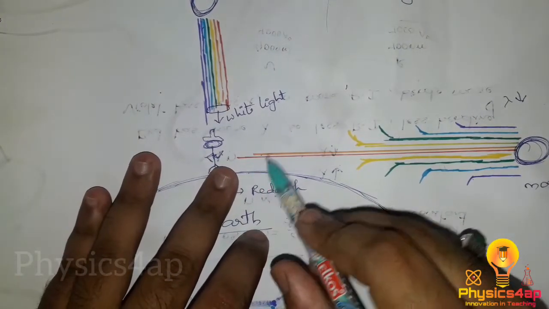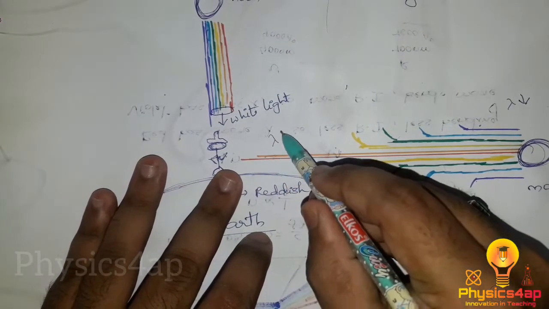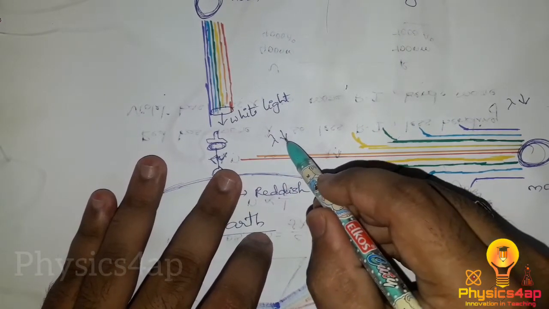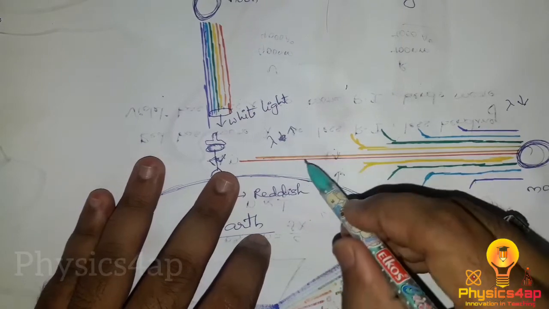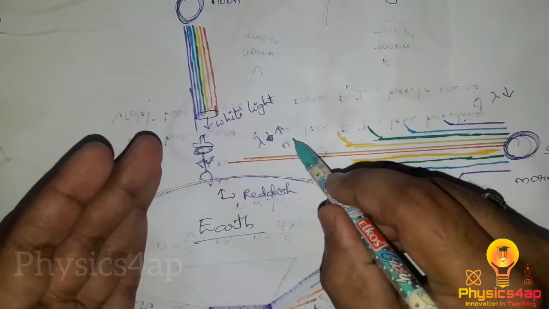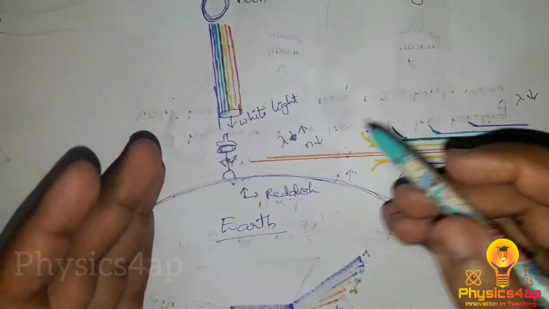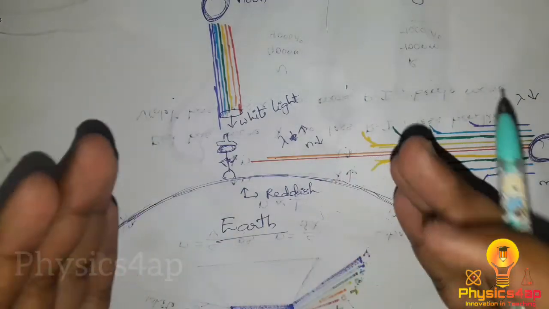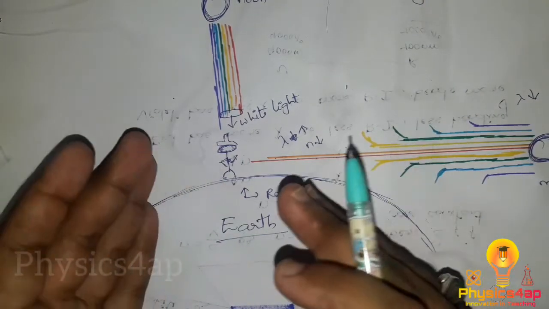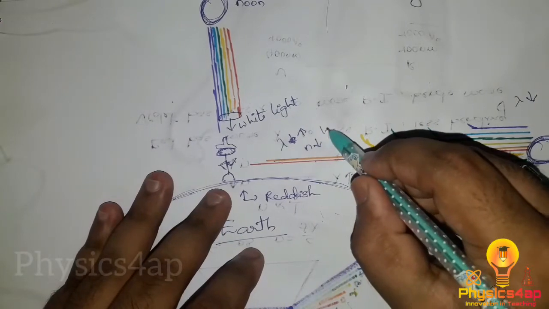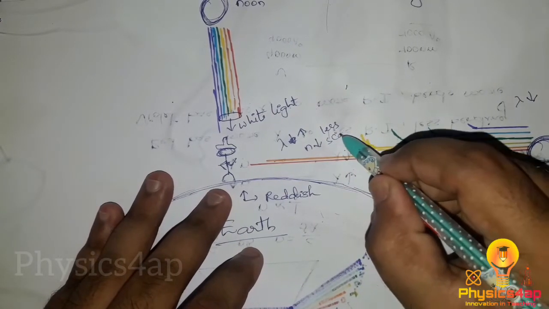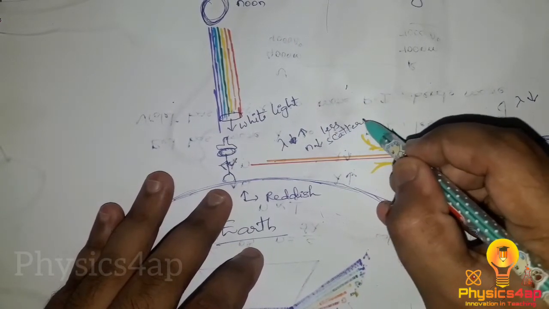The orange and red have more wavelength and a lower refractive index, so they bend less. That is why they travel more distance with less bending, that is, less scattering, or what we can also call spreading.